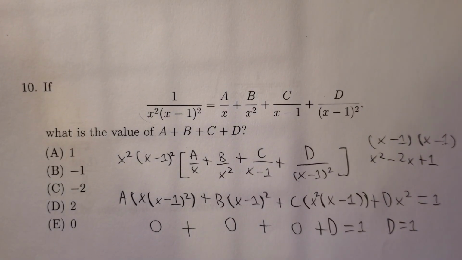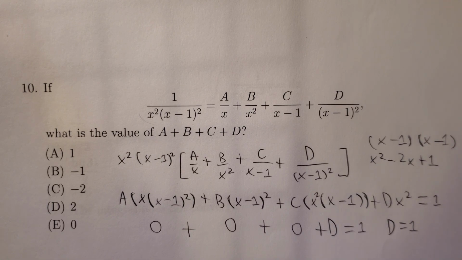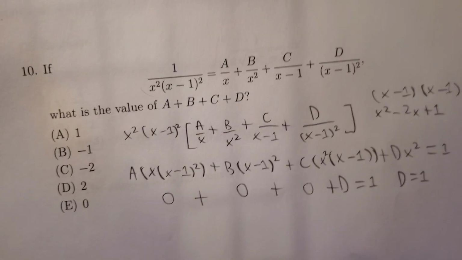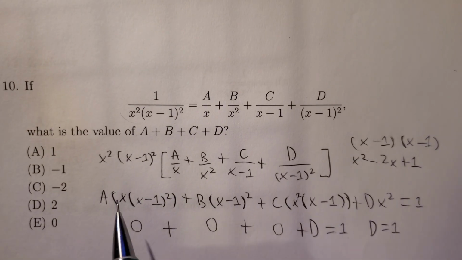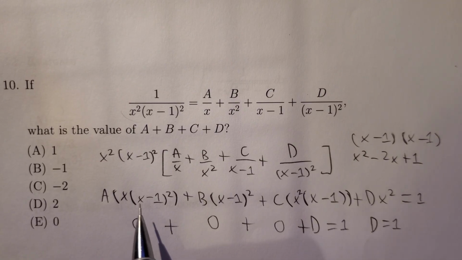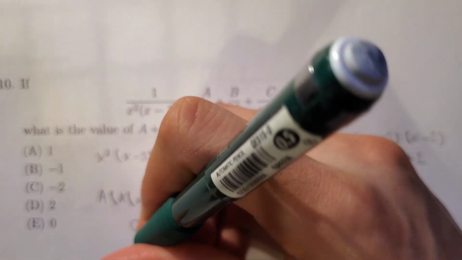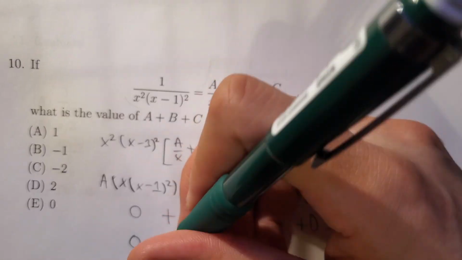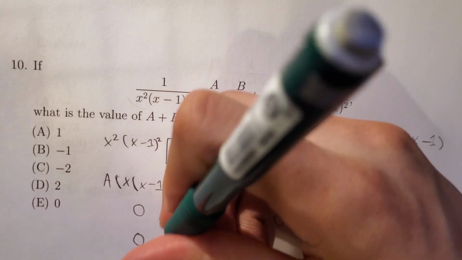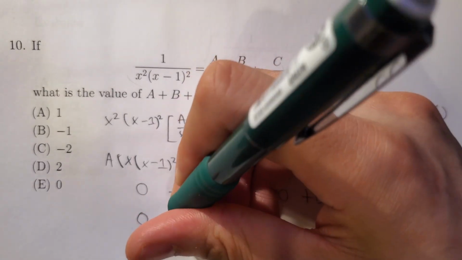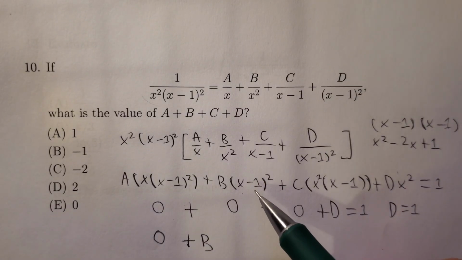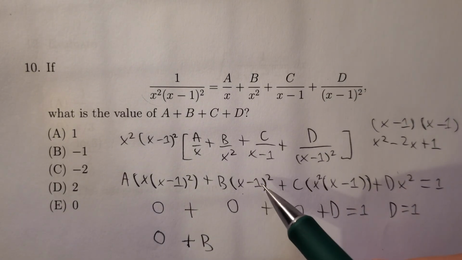So the next number I'm going to try is 0. We can set x equal to 0. And what that'll do for us is isolate b and get rid of a and c, because there's an x here, so it multiplies the entire thing by 0. So you end up with 0 plus b, because 0 minus 1 is negative 1, but you square that so it becomes positive.